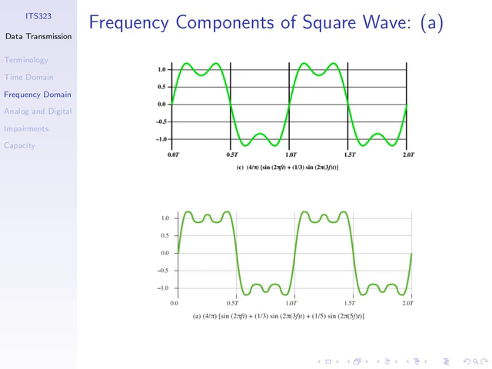In general, increase the frequency, keep everything else the same, you'll increase the data rate. Frequency 1 megahertz, data rate 2 megabits per second. Increase the frequency to 2 megahertz, increase the data rate to 4 megabits per second. Double the frequency, double the data rate. We want higher data rates generally.